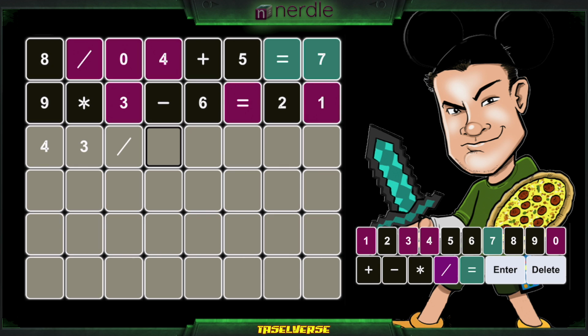Okay. How about 44 divided by 1 divided by 4? No, that equals 11. That's too many numbers. Okay, so 44 divided by, let's say 04, because we know the 4 is there, right? Equals 11.